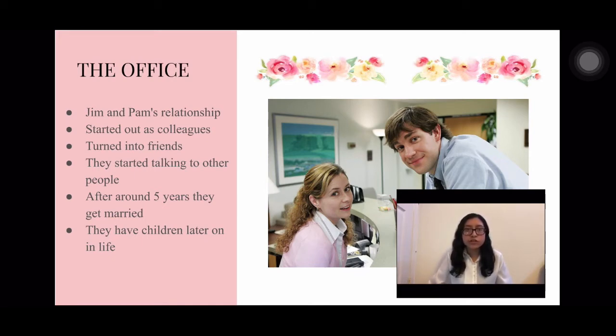They just only talk when they're at work, or if they have to do a meeting together, that's the only way they talk. And then Jim starts going to Pam's desk more, and they start chatting a little bit more, playing a little bit more jokes. And so that's kind of an example of the onion theory, where they start revealing each other's layers.